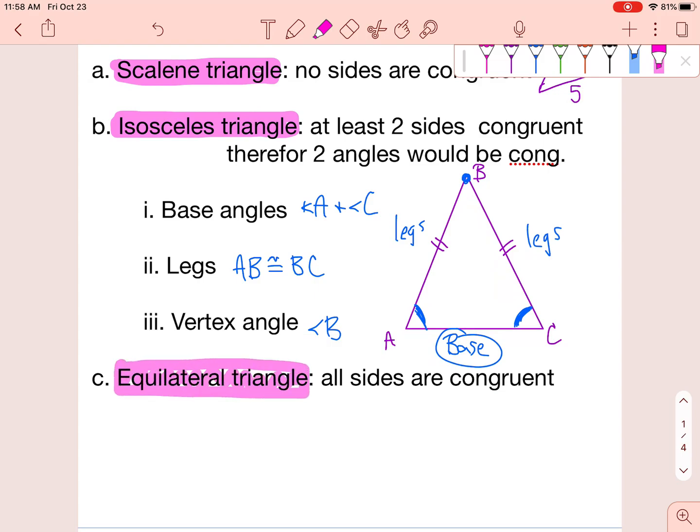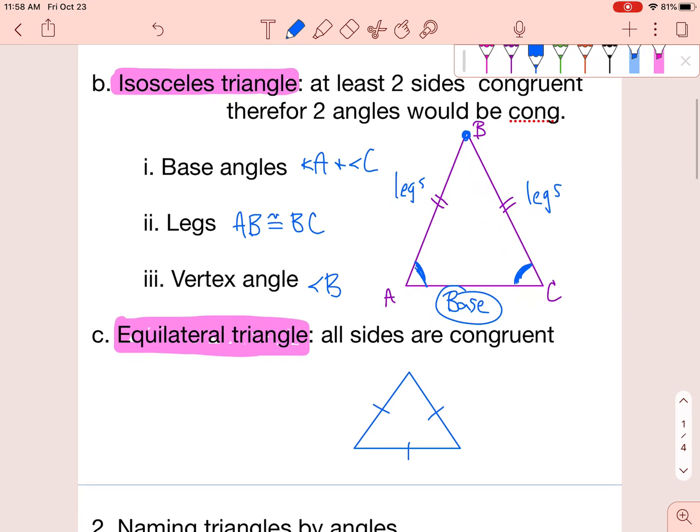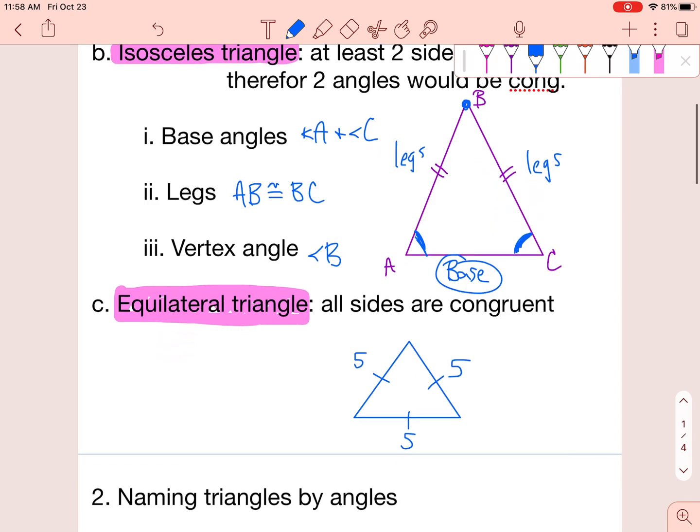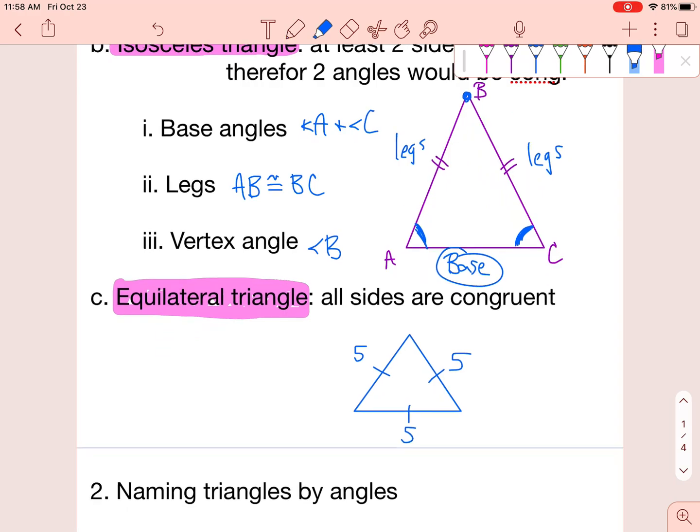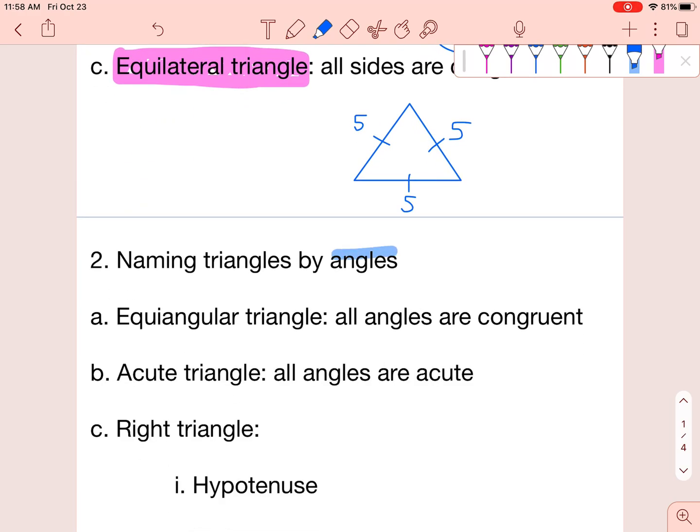If it is an equilateral triangle, that means all of the sides are equal. So this side equals this side equals this side. You might see tick marks, or numbers 5, 5, and 5, but all of the sides are congruent. Which segues me into the next section, which is naming a triangle by its angles.